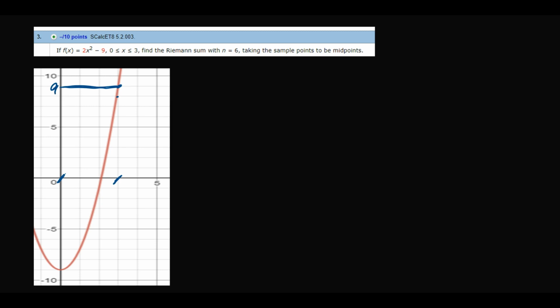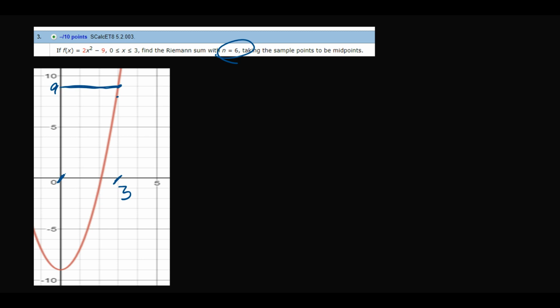All right, so what I want to do is find the area right in here between 0 and 3. Okay, it says use 6 rectangles. So I'm going to pause the video and make 6 rectangles out of this. Now, we're going to take the midpoints, right? So let's go ahead and partition 0 to 3 up into 6.